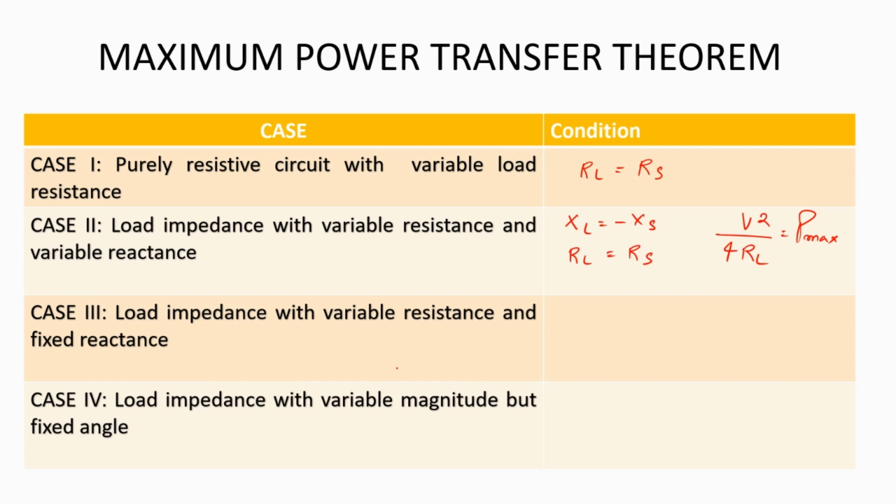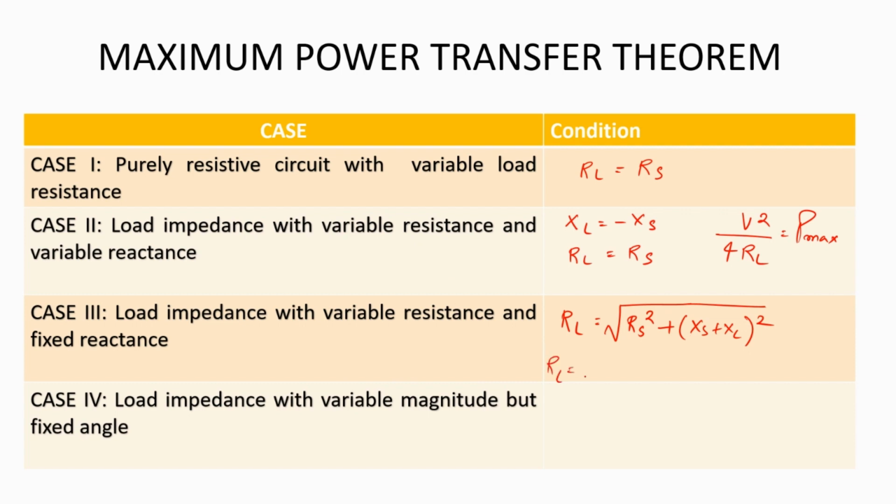The third case is where the load impedance is made up of variable resistance but a fixed reactance. So here we got the condition that RL should be equal to root over of RS square plus XS plus XL the whole square. From this, we concluded two conditions. The first one is when the source is purely resistive. In that case, the XS term would not be there.